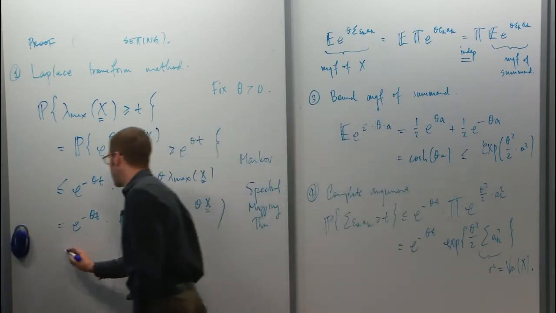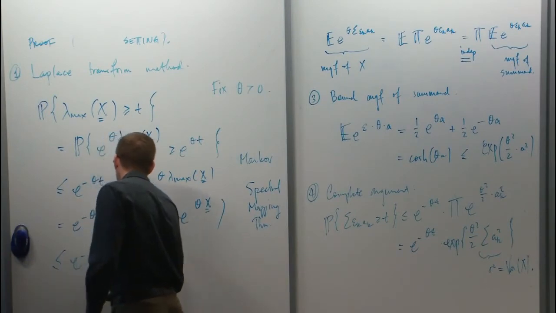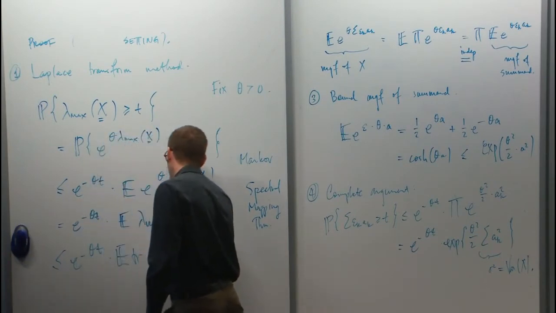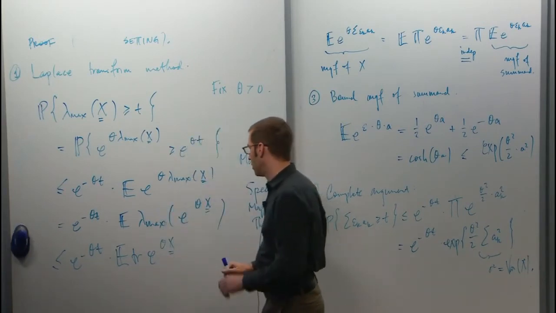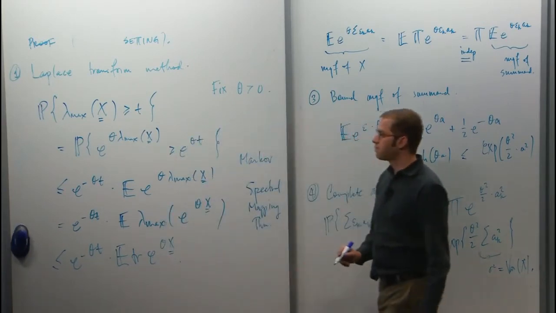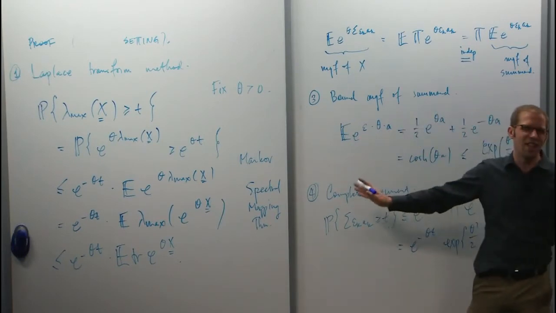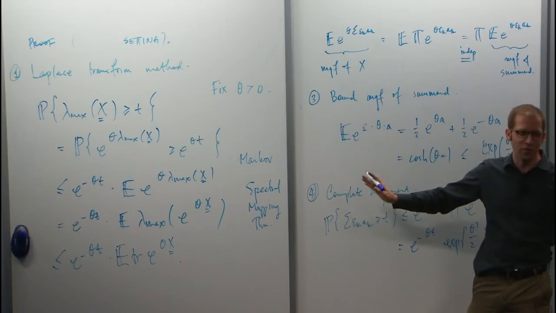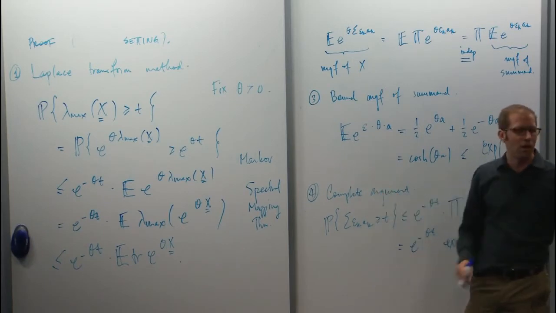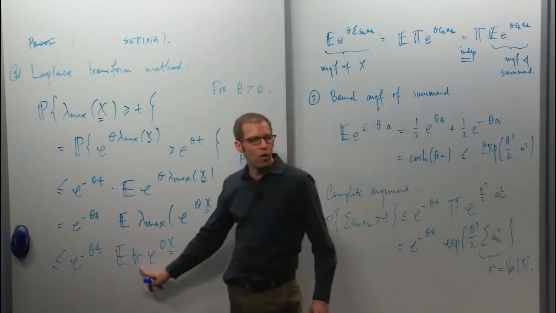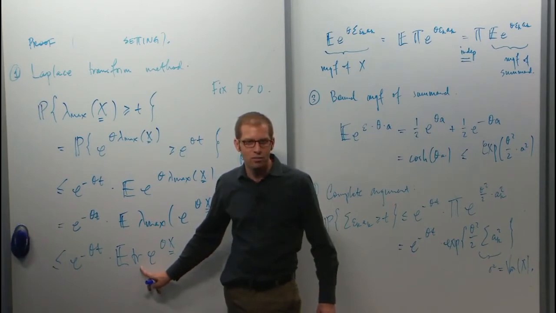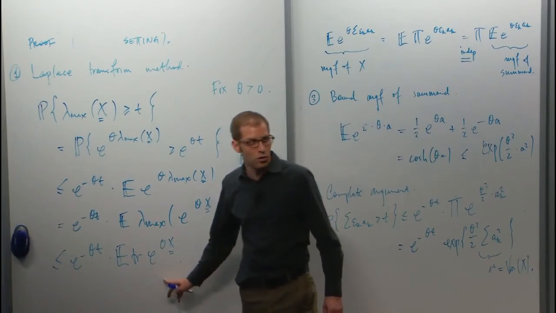So we're going to make this change to get rid of the maximum eigenvalue entirely because, like I said, I really don't like this maximum eigenvalue. It's kind of a nightmare to deal with. Now it seems like this is a terrible estimate. You can also start to see where that dimensional factor is coming from in these matrix bounds. It turns out that you're not actually losing very much here, and what you gain is access to the miraculous properties of the trace, or more precisely, the trace exponential.